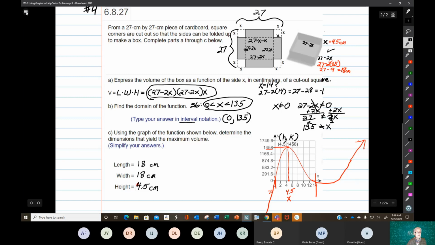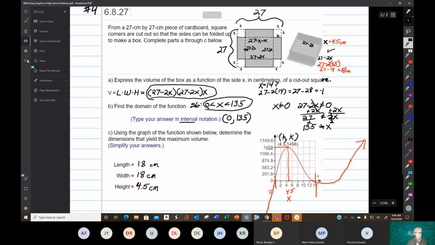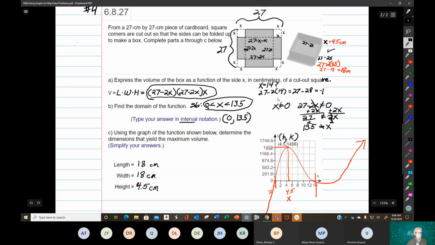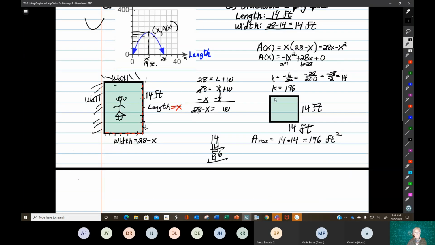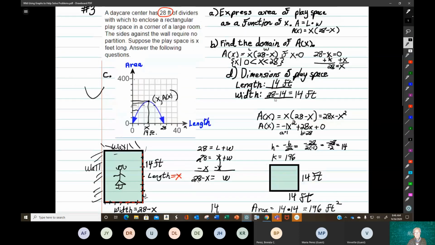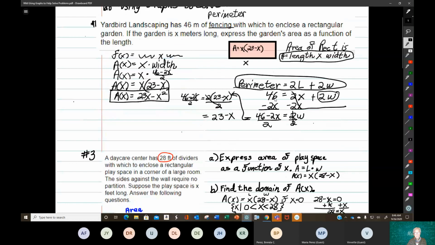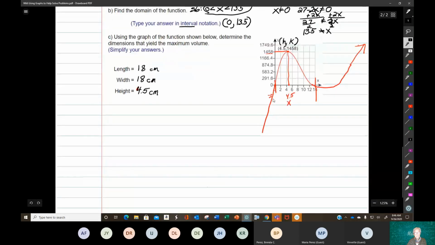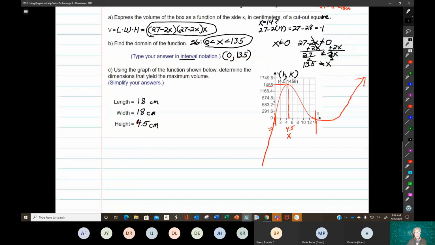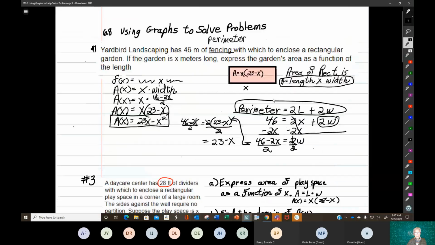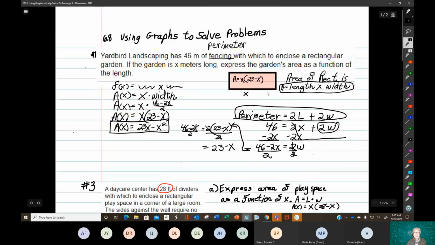And all you have are 4 problems on this particular homework. So there you go. It's always good to draw pictures.